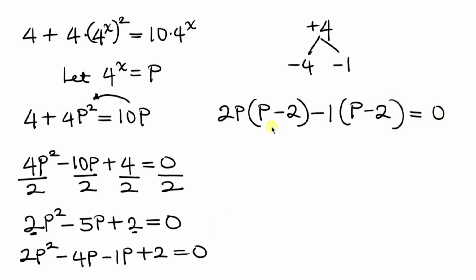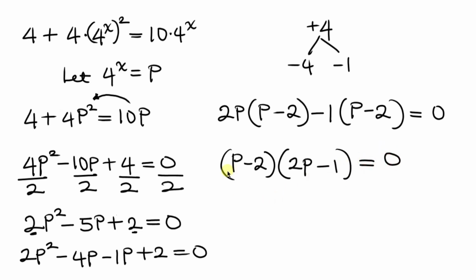So we see that inside of these two brackets we have a common term, p minus 2. So we can write out p minus 2, open bracket. From here, 2p will remain. And from here, negative 1 will remain. That is it. And this is equal to 0.